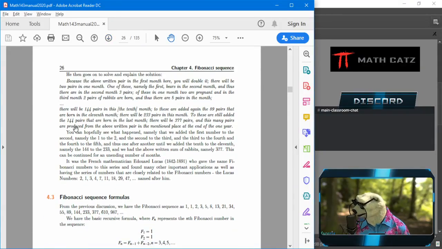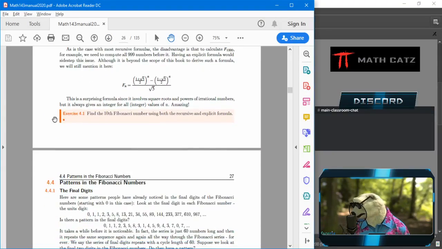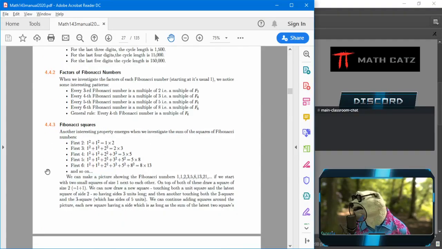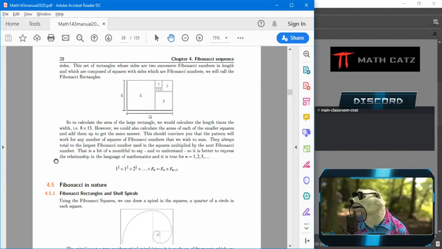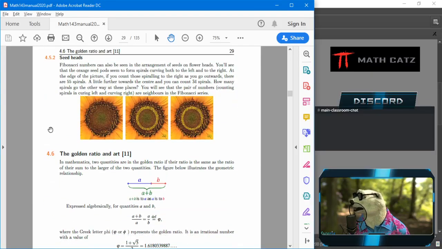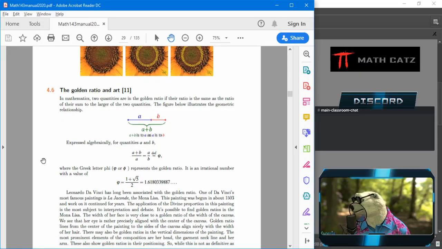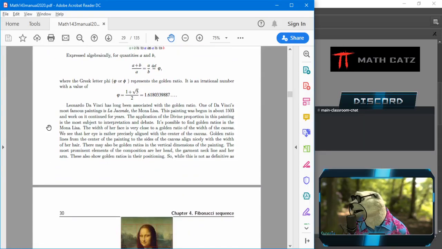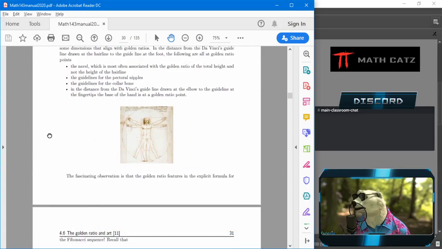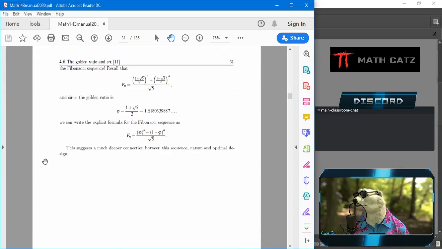How the sequence came about, the formulas, can I use the formulas, patterns in the Fibonacci sequence, Fibonacci squares, the spiral that comes from those, where does the Fibonacci sequence occur in nature, what's the golden ratio, it's linked to the golden ratio in art, and a formula using the golden ratio.